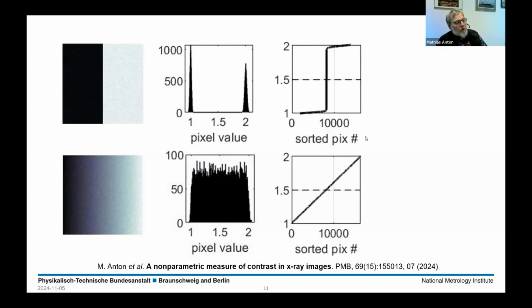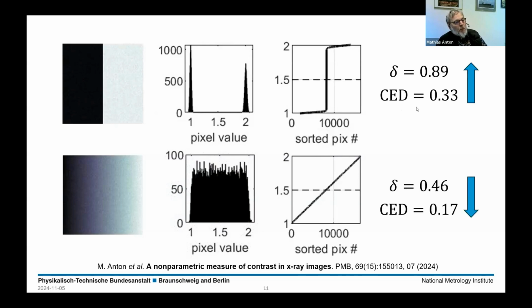From the definition of delta, it's clear that in the first example, the step, you have a higher value of delta and also a higher value of CED than for the ramp. Accidentally, the CED in the first example is equivalent to the Michelson contrast, which would be 2 minus 1 divided by 2 plus 1, which is just 1/3.